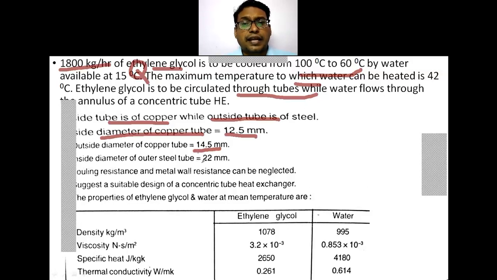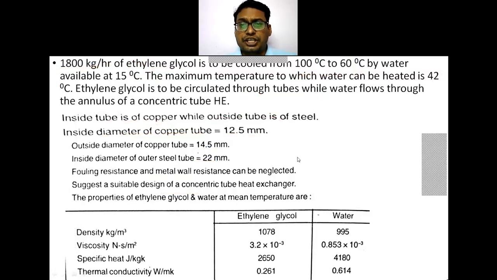Then the inside diameter of the outer steel tube is 22 millimeter. Fouling resistances and metal wall resistances are neglected. Suggest a suitable design for the concentric tube heat exchanger. So this is the numerical that is mentioned.